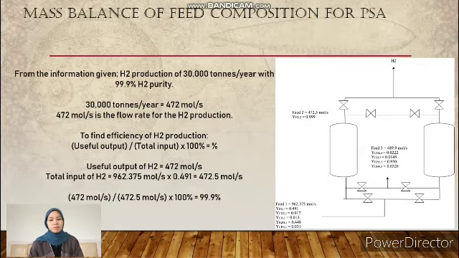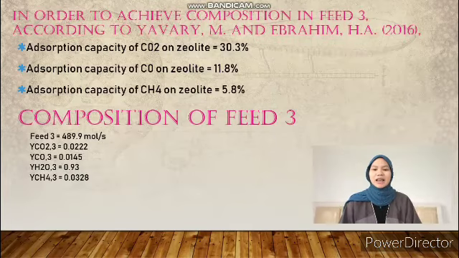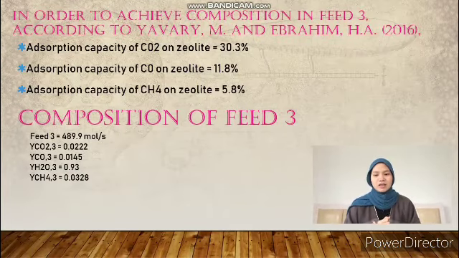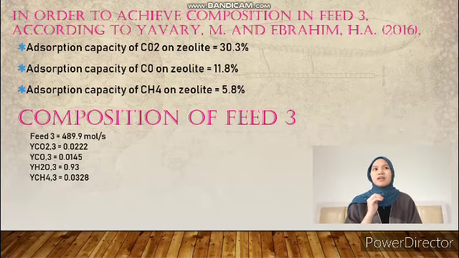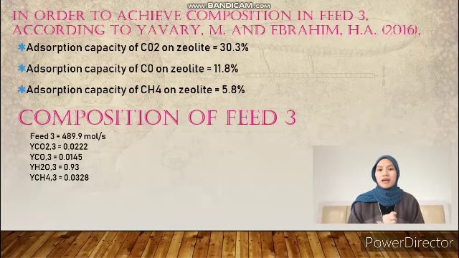And the total input of H2 is gained from the inlet stream, which is stream 1, the feed of the stream, which is 962.375 mole per second, times the composition of 0.491. Therefore, we get 472.5 mole per second. As we calculated, the efficiency of H2 production is the same as the question needed, which is 99.9%.